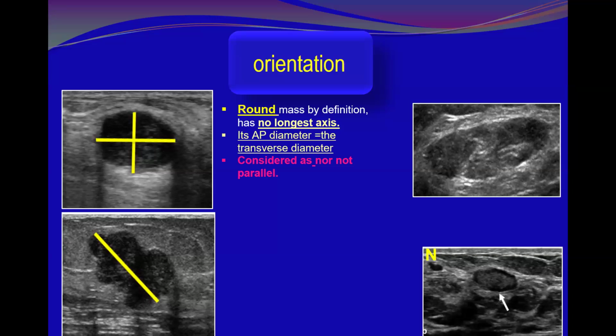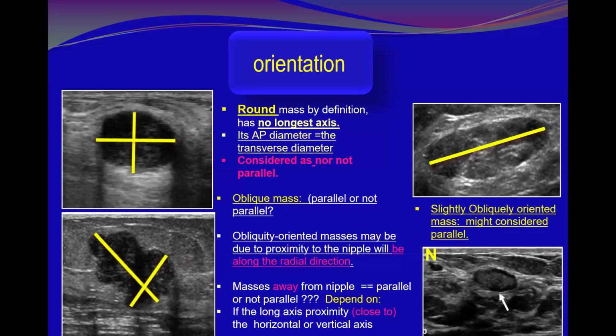So you expect the lesions in the retroareolar region to be along the radial directions. Expected benign-appearing retroareolar lesions have a radial direction or obliquity, and you will consider it as parallel.